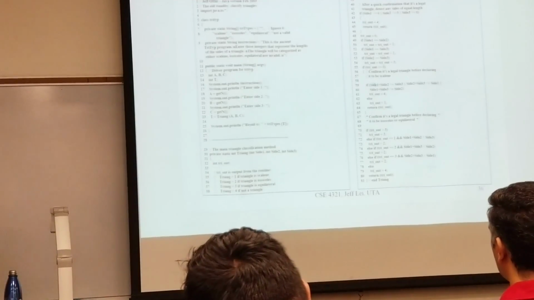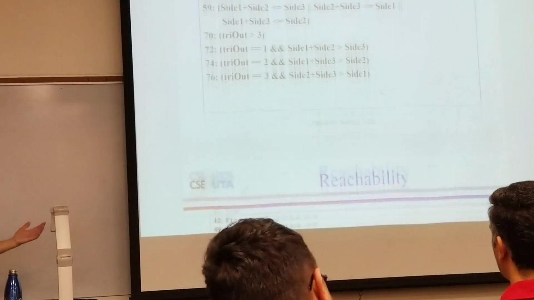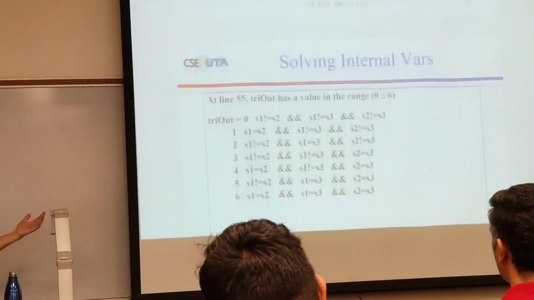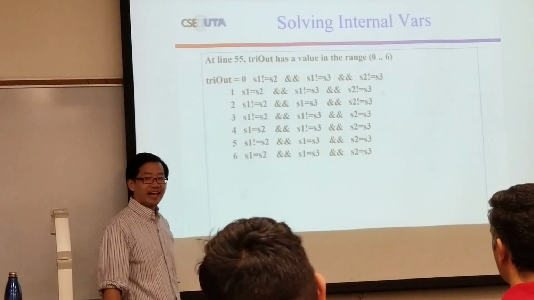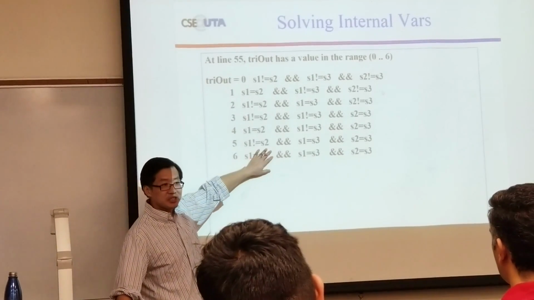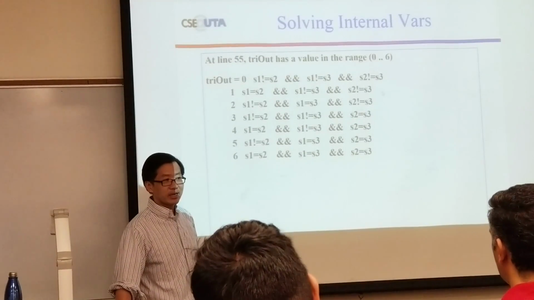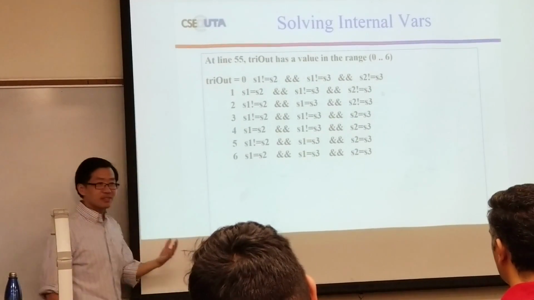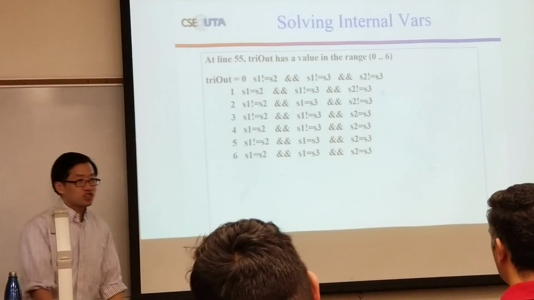So you have to understand the relationship between try out and the 3 sides, and we can derive this relationship from the code. Again, we are doing this manually, and if you want to do it automatically, it can be quite challenging.